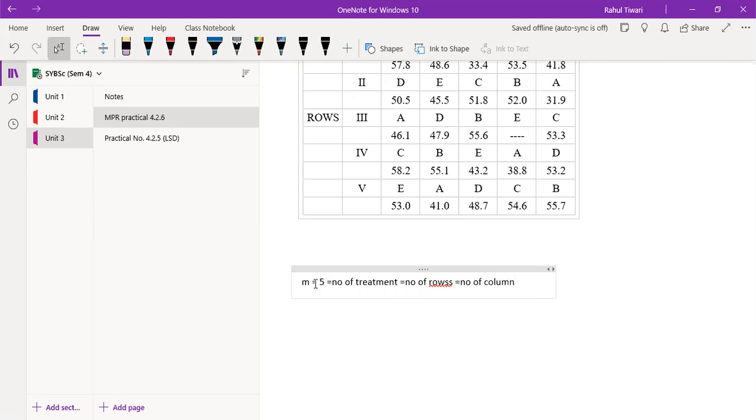So that is equal to 5. How many observations do you have in total? N, which is equal to m square, right? M squared, I'm writing. This is the way you can write it, which is equal to 25.